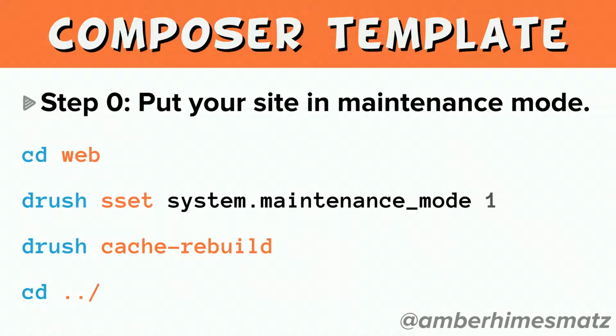So the Composer template creates a project directory and that has a bunch of different types of files and scaffolding, and then it has a web directory, and inside the web directory is your Drupal core files. So you just want to take care to see which, you probably need to cd into web to run any Drush commands, depending on how you have Drush configured, and then you're going to cd back up one level above that to run your Composer commands, because that's where your composer.json file is.